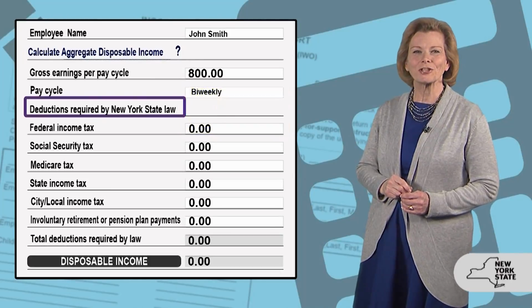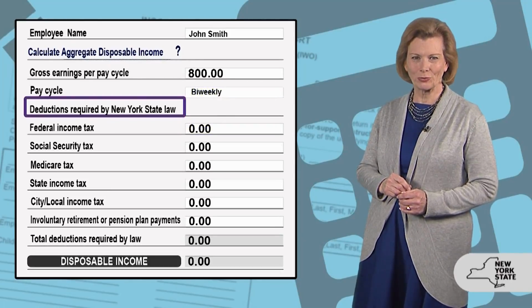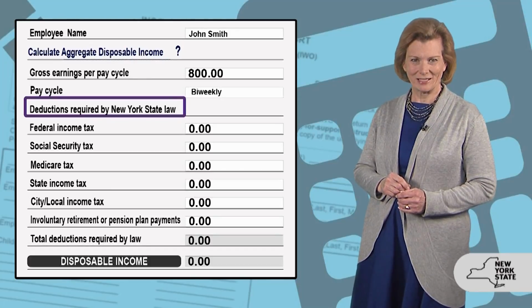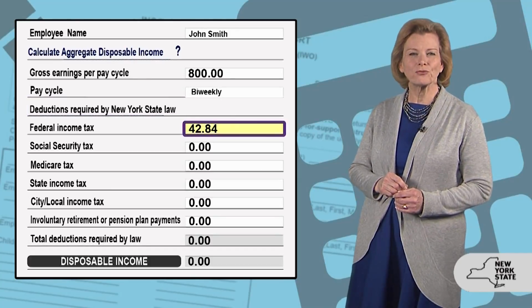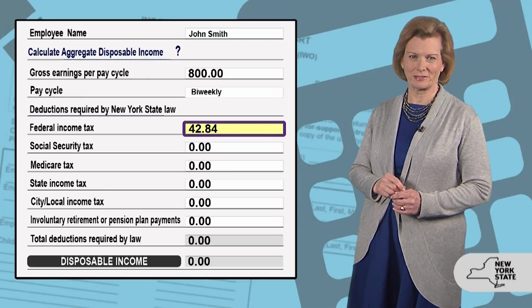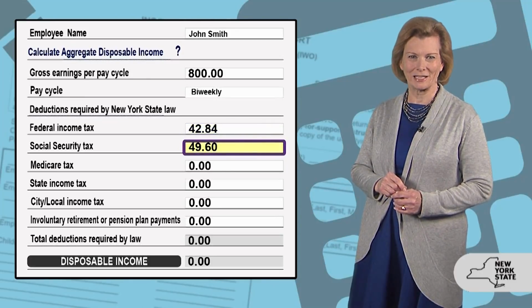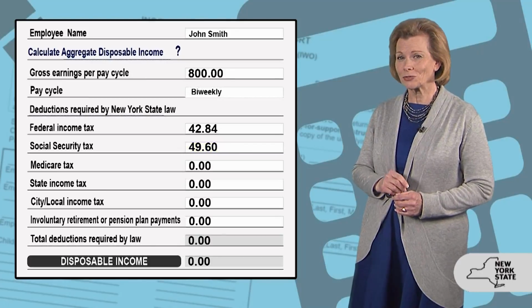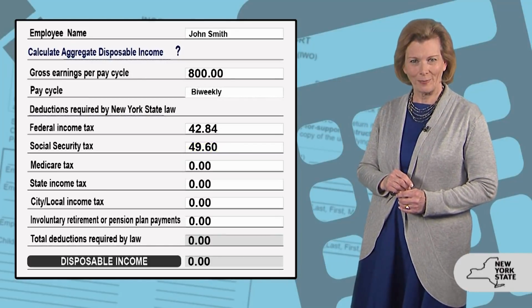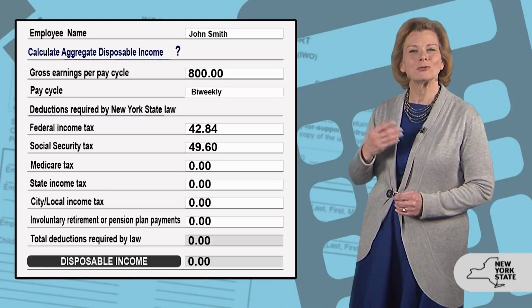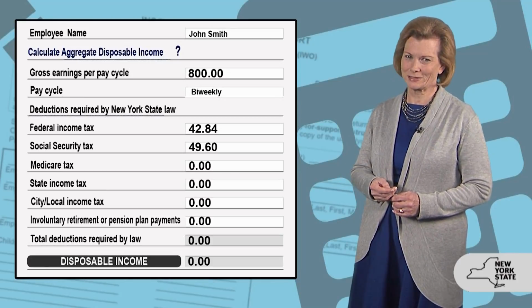Next, enter the amount of deductions required by New York State law. In this case, the federal income tax is $42.84, and Social Security tax is $49.60. Note that as you enter these amounts, you can use the Tab key located on your keyboard to advance to the next field with ease.